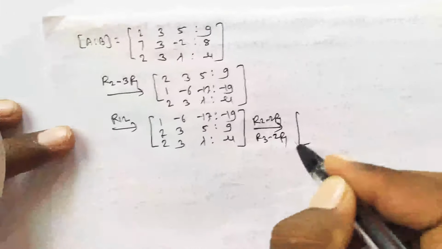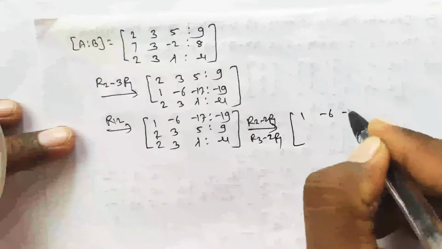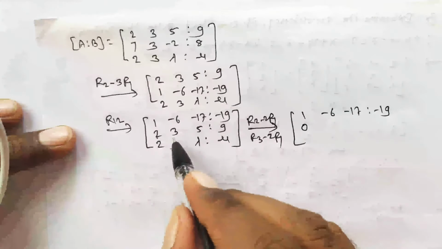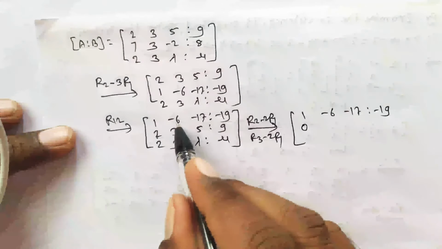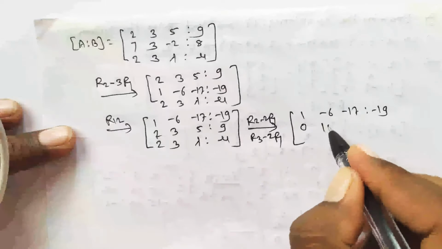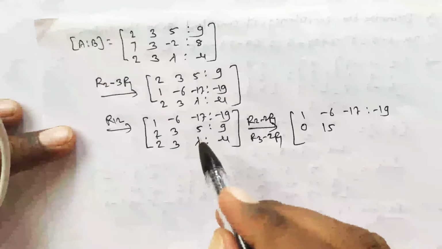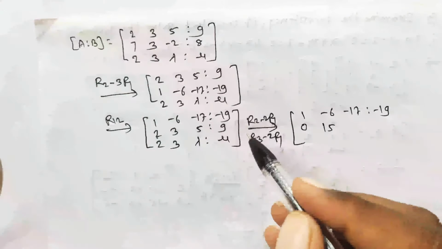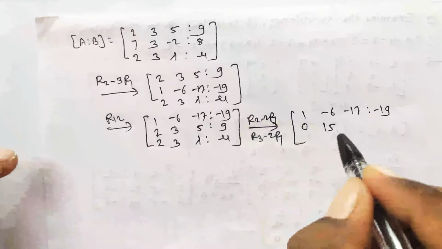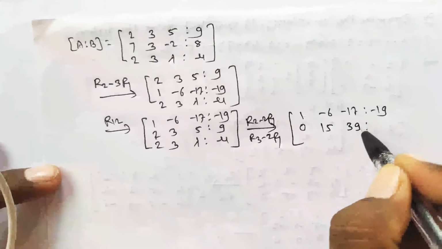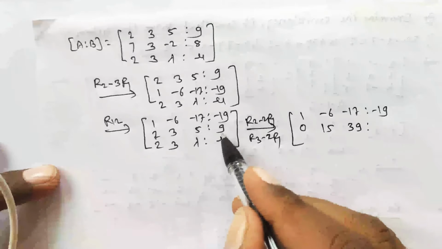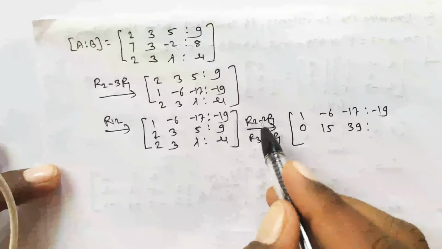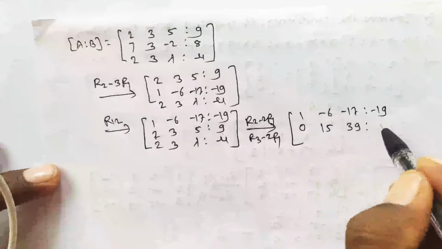Then this becomes 1, minus 6, minus 17, minus 19 as it is. 2 minus 2 is 0. 3 plus 2 into 6, that is 12, 3 plus 12 is 15. Then 5 plus 17 into 2, that is 34, 34 plus 5 is 39. And 9 plus 19 into 2, that is 38, 38 plus 9 is 47.